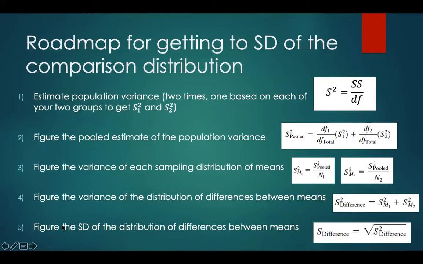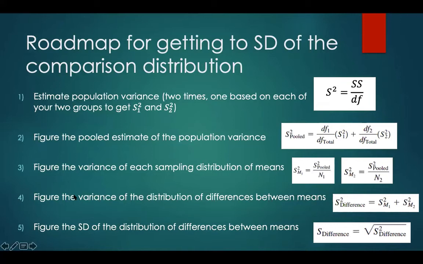So here's a roadmap for getting to the standard deviation of the comparison distribution. Number one is to estimate population variance 2 times, one based on each of your two groups to get S squared of 1 and S squared of 2. Next, you figure the pooled estimate of the population variance using this formula here. 3, figure the variance of each sampling distribution of means by dividing the S squared pooled by each of those individual sample sizes.